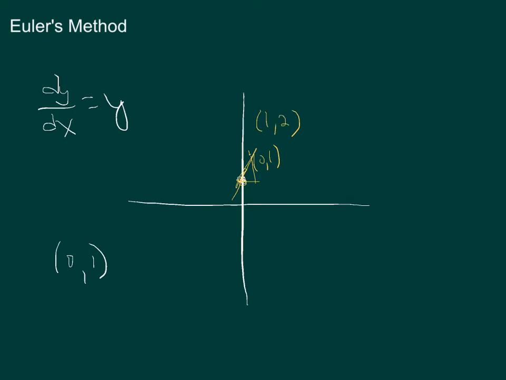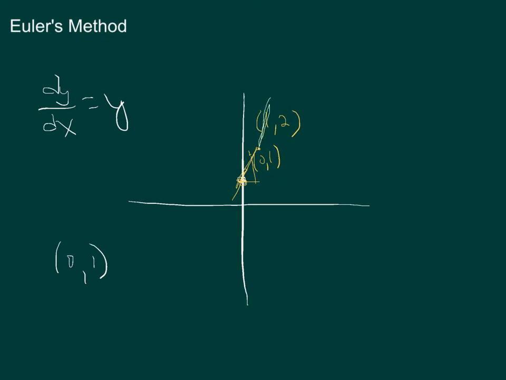And then from there, I evaluate it again. I say, okay, at the point (1, 2), what would the slope there be? And again, dy/dx is equal to y. So if I plug in the point (1, 2), I get dy/dx equals 2. And from there, I can imagine a line with slope 2 leaving there.